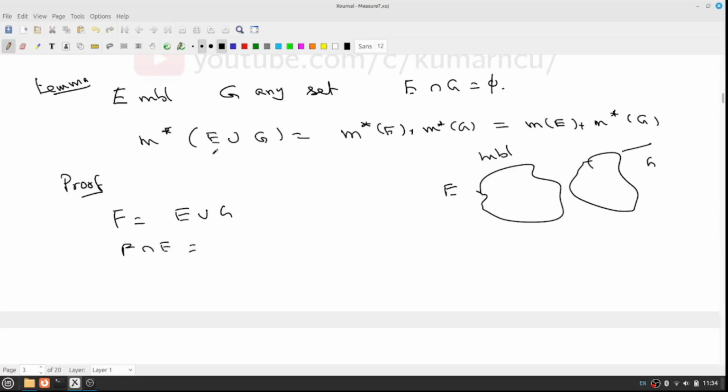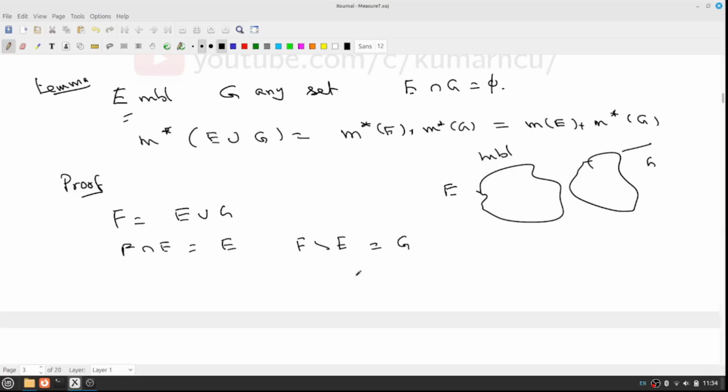Since E is measurable, I will use Carathéodory's definition for this measurable set E. F intersection E is E union G intersected with E, which is the same as E. Similarly, F minus E, that is E union G where you remove E. Since G and E are disjoint, this is nothing other than G.